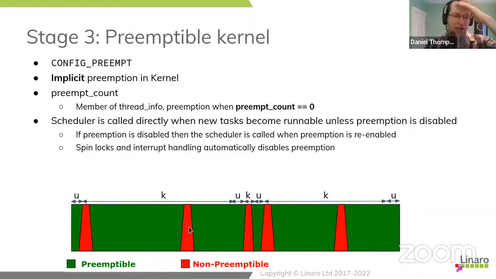So the effect of that now is that almost all the time spent in system calls is preemptible, except when we own spin locks. And that's absolutely fine when spin locks are very small, focused, and narrow. But if you have larger spin locks for, say, page tables or other parts of the system, we still can have relatively wide bars of red in this space.